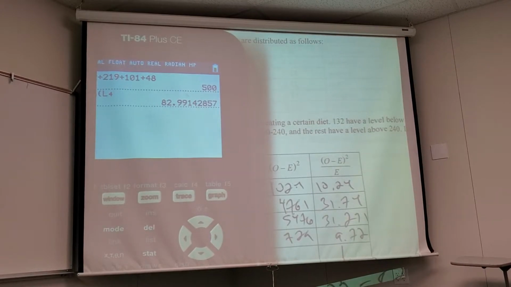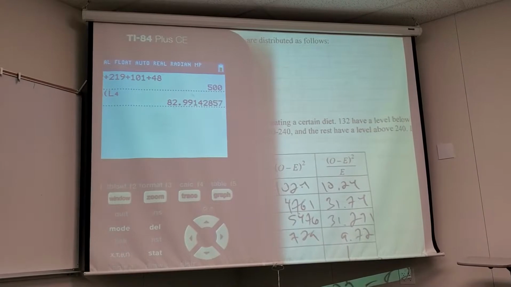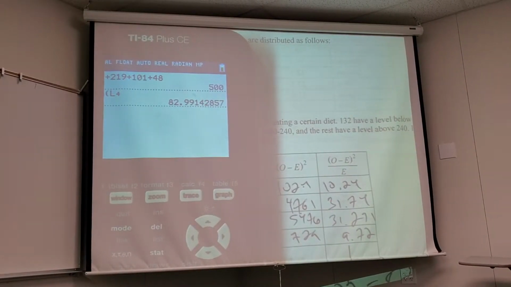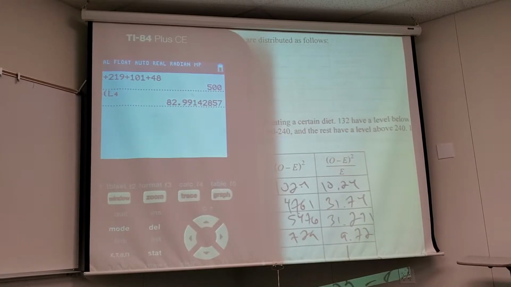Give you like 80 categories, so you could manage doing each row by hand. You don't have to use the list in the calculator, but it just makes it quicker.